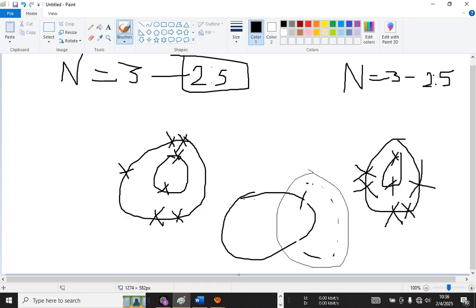Now this is what will happen. Remember, from the 5 valence electrons, we are going to remove 3. That means in the outermost shell we shall have only 2 for this atom and also for this atom.